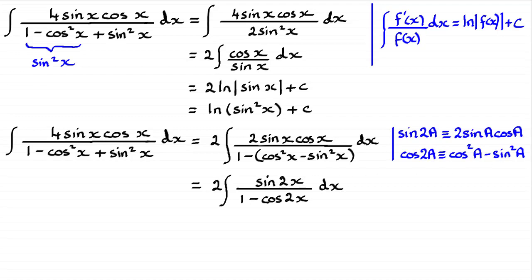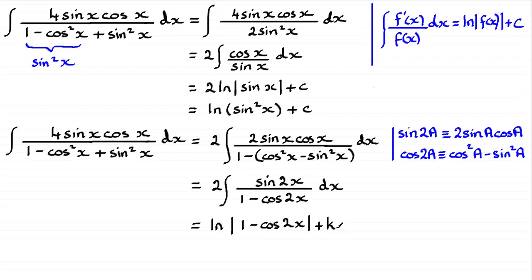So this is the same as the natural log of 1 minus cos 2x in mods, and then I've written plus k. Normally, if this was not here, and I was just doing this integral like this, I'd write that as plus c. But because I've got them on the same page, I've decided to show this as plus k.